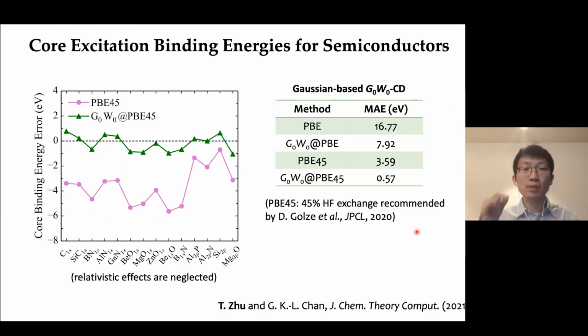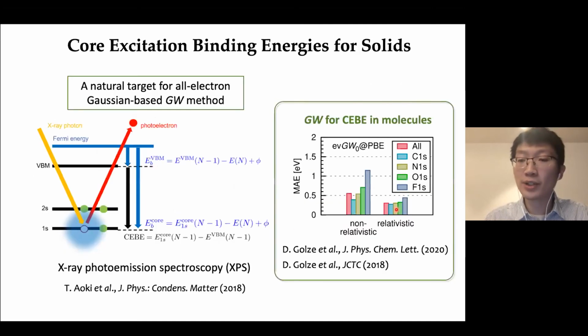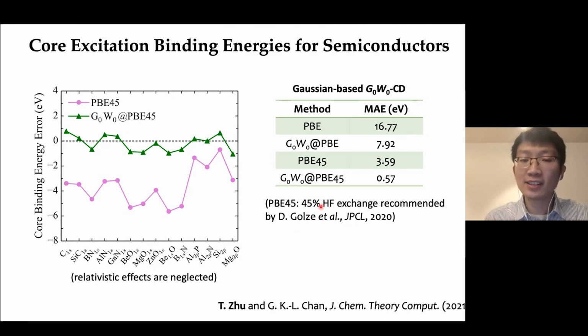And here we are applying our periodic GW method to some semiconductors, where we are using two different DFT starting points, namely PBE and a hybrid PBE functional with 45% Hartree-Fock exchange. This number is actually taken from this JPC Letters paper that I show you here. And the purpose here is just to try to mimic the evGW0 result.